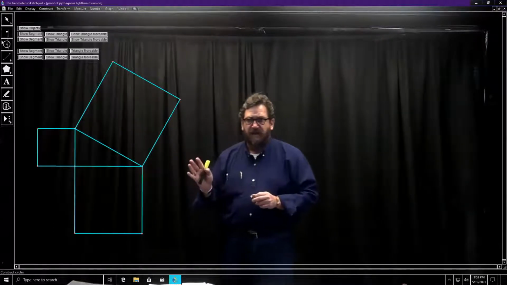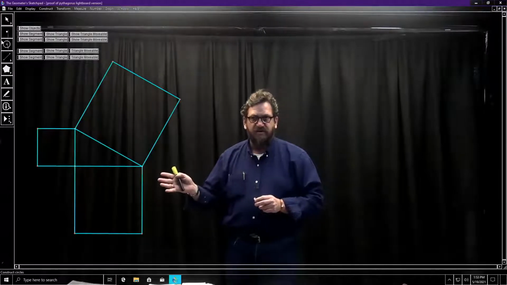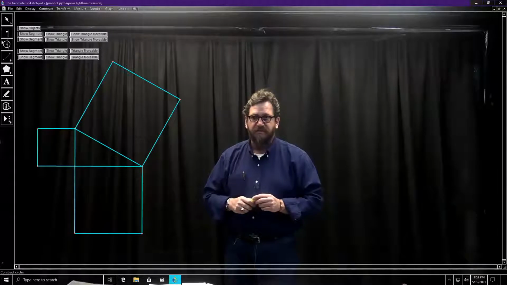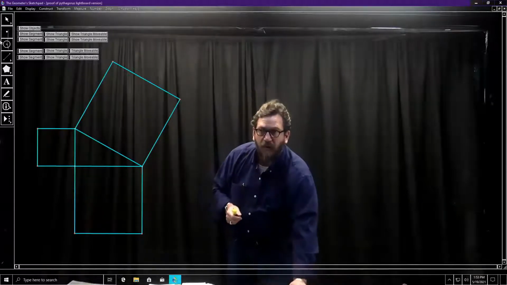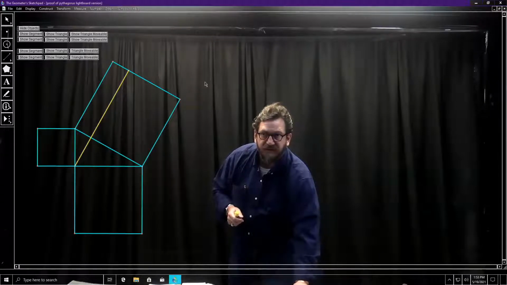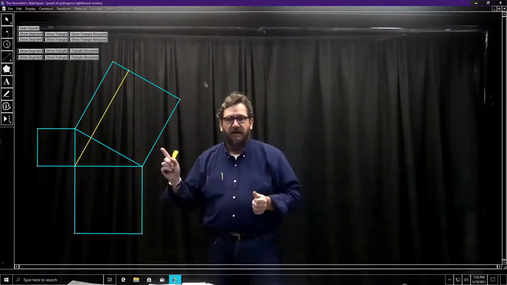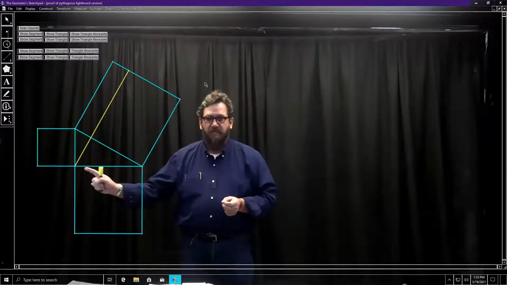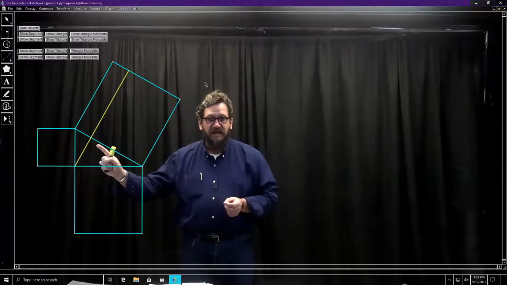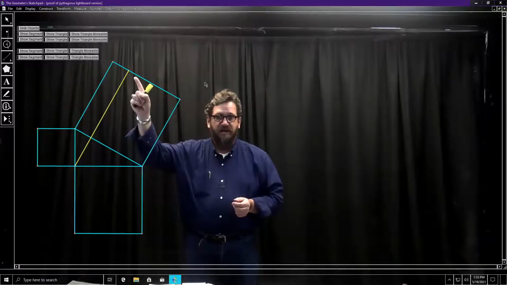Euclid began with a classic style right triangle with squares on the legs and the hypotenuse. And Euclid began by pointing out the first piece. Euclid took a line segment from the right triangle's right angle vertex, and it had to be perpendicular to the hypotenuse, and likewise it's perpendicular to the opposite side of this square.